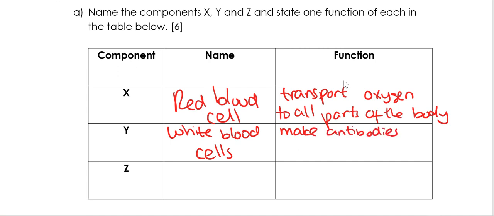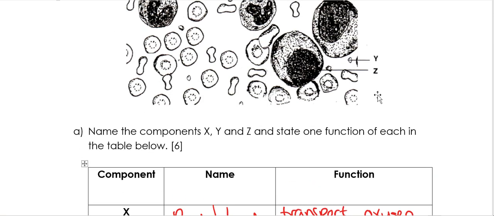So that one's the lymphocyte, so it does make antibodies, but mainly to fight infections. Protects the body from foreign particles. That one is something that you can write down as well.